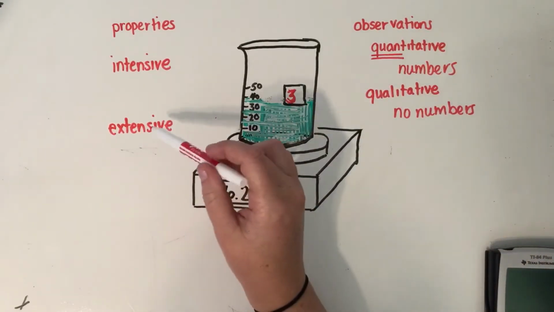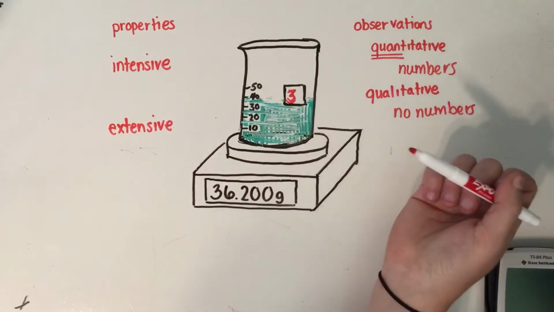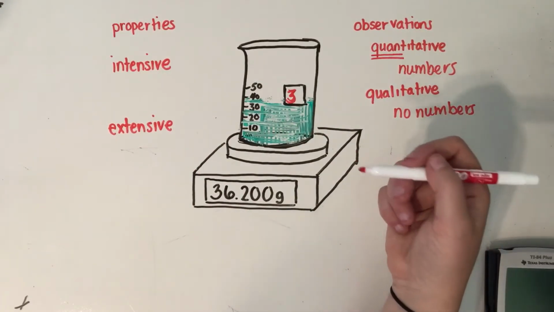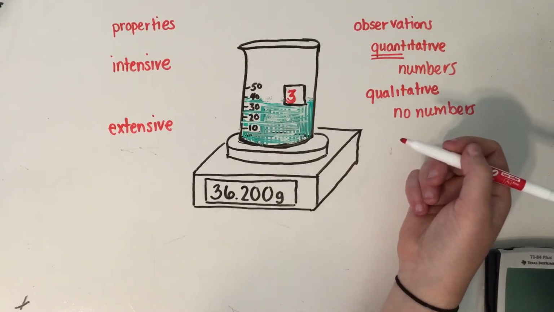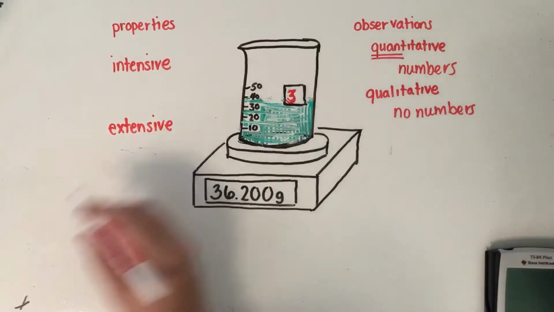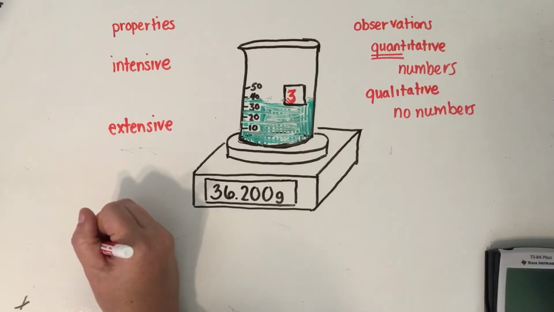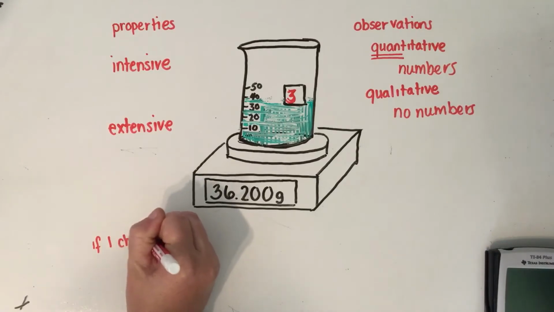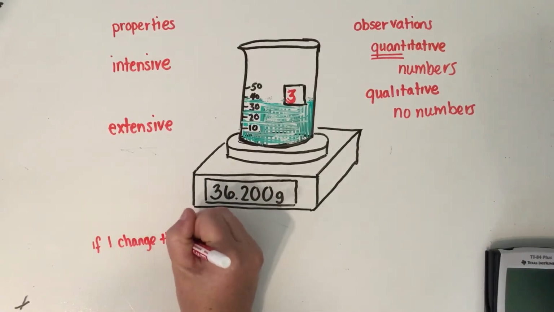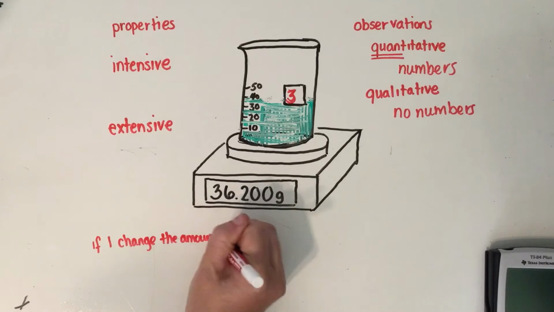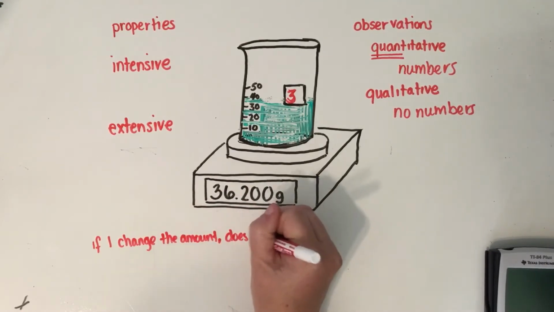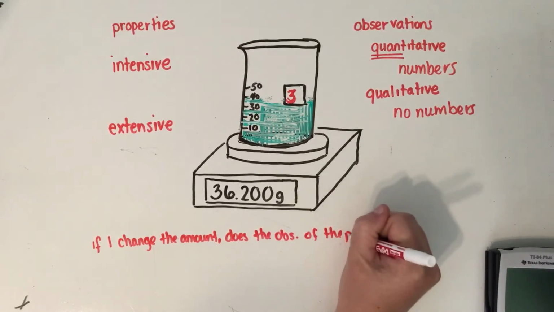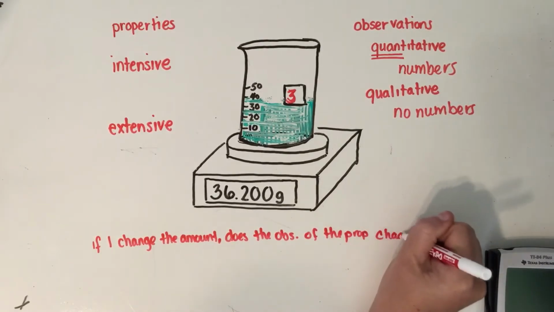Now, in order to determine whether a property is intensive or extensive, we really need to determine whether or not that property depends on the amount or the quantity of matter within our sample. So I always just say, ask yourself, if I change the amount, does the observation of the property change?